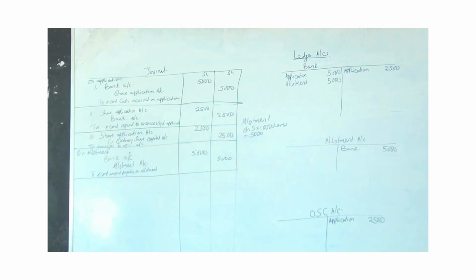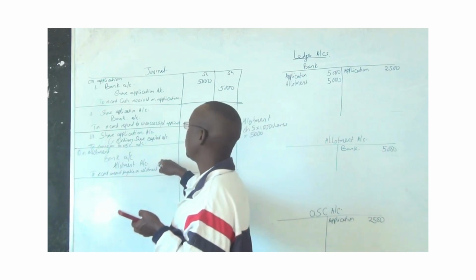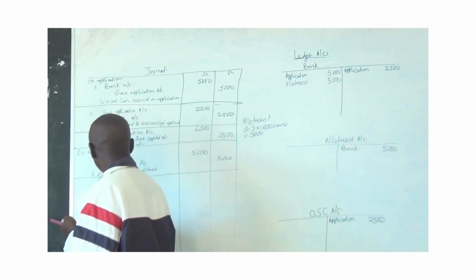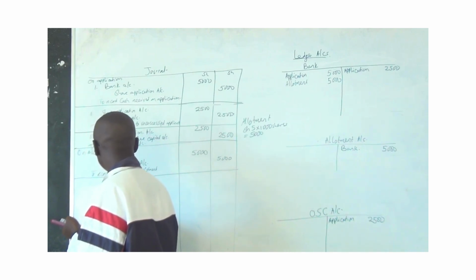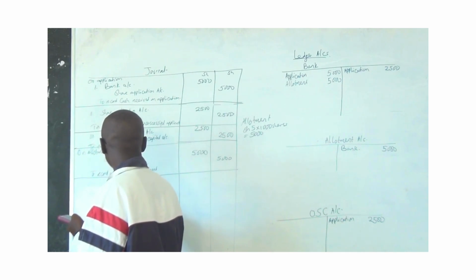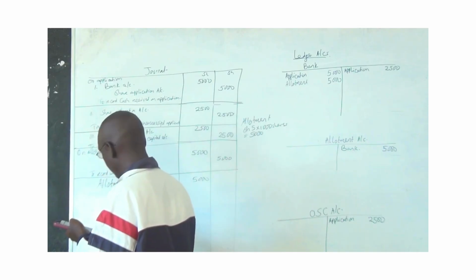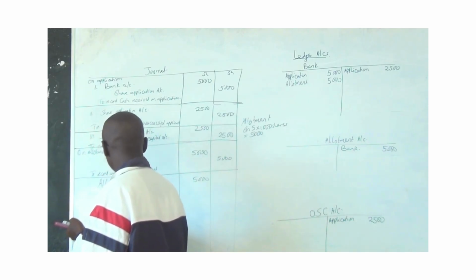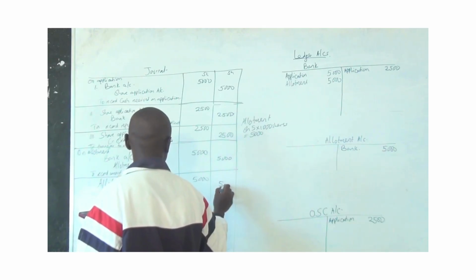So now when it comes to allotment, you have received the money on allotment. So you have to debit allotment account 5,000, and credit ordinary share capital account with 5,000.